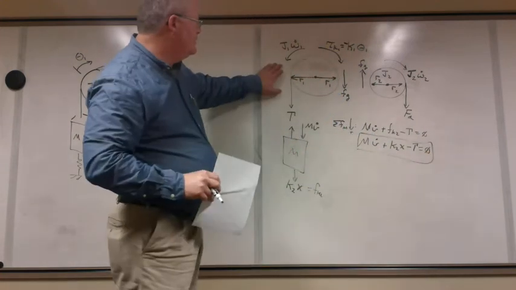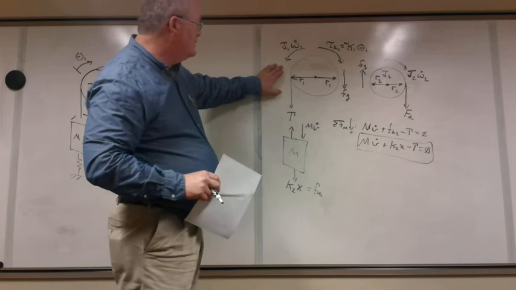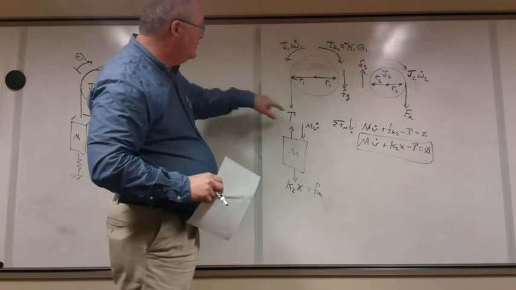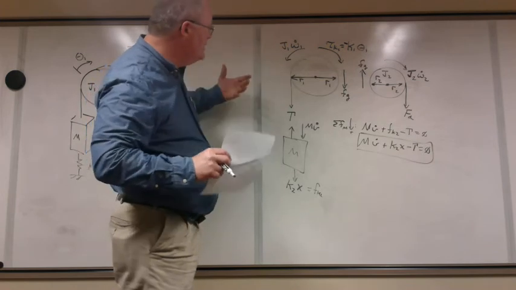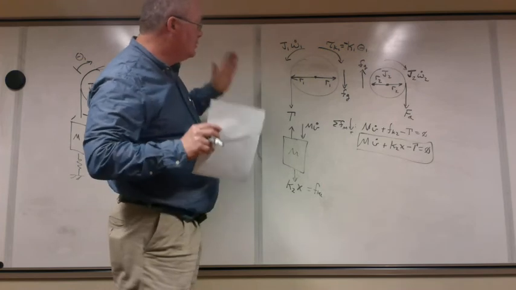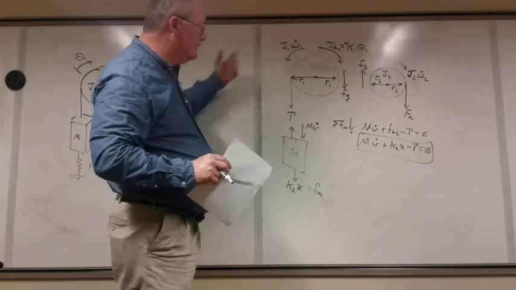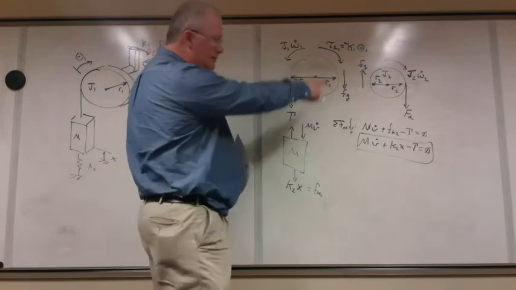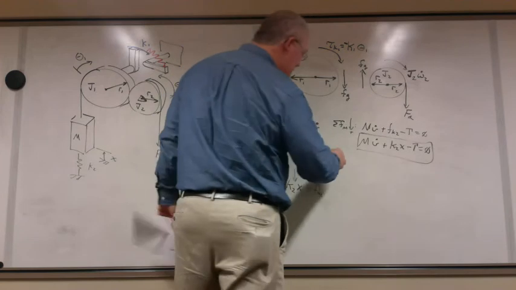Moving on to our next inertia. I'm going to go ahead and sum the inertial torques positive in a counterclockwise direction. Again, my reasoning is that J1 omega 1 dot is positive in the counterclockwise direction. It's perfectly legitimate to sum them positive in the other direction. Maybe I'll do that for J2 just to demonstrate that.